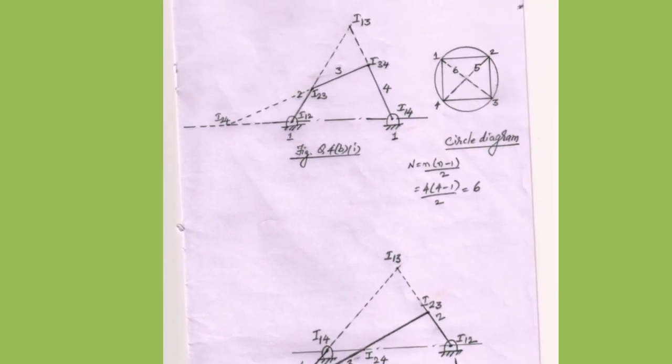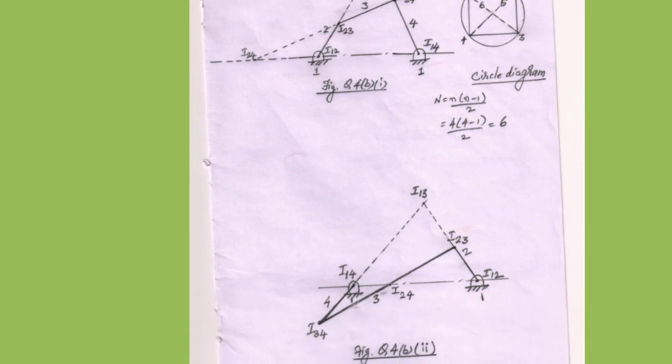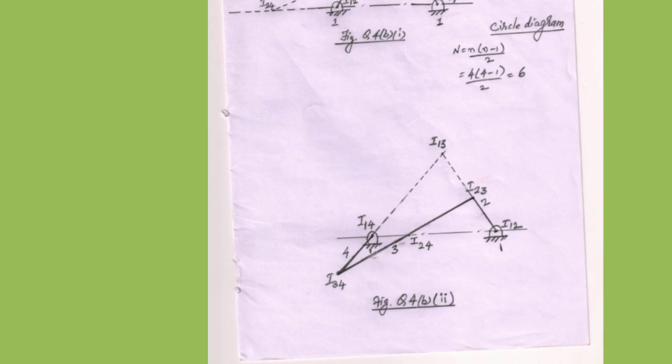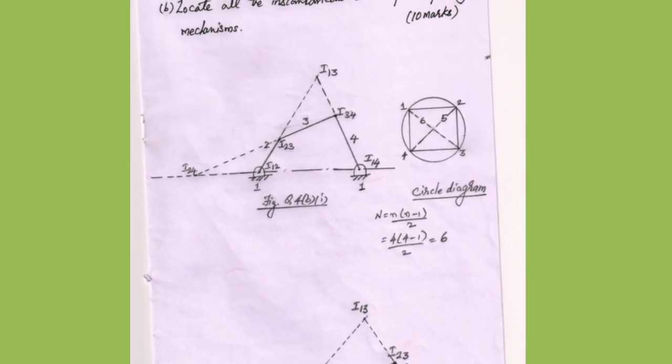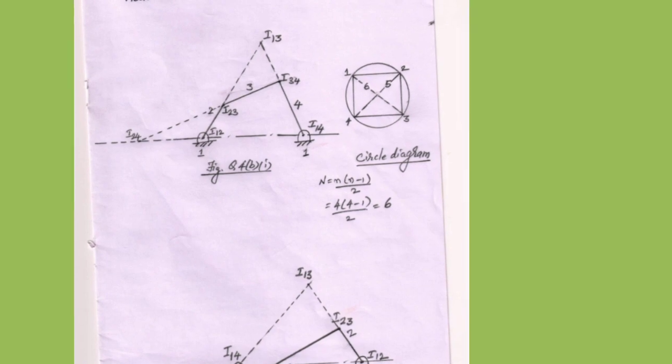Now go to the second instantaneous center, that is I24. For I24 again you attack 2, 3 and 3, 4. 2, 3 is on the top, that is I23, a permanent instantaneous center. And what about 3, 4? I23 and I34 should be joined. We already joined it. Now come to the next triangle.